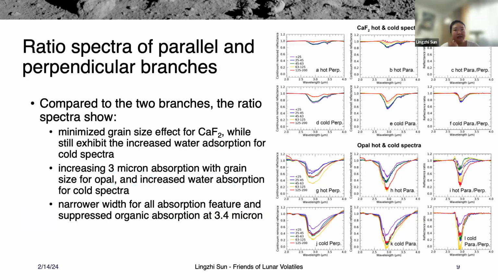Another thing we observed that is quite interesting is the ratio spectra. It's a ratio of the parallel and perpendicular branches. When we get the spectra, just playing around with it, trying to see what we can get from this result, I made a ratio plot between these two branches.